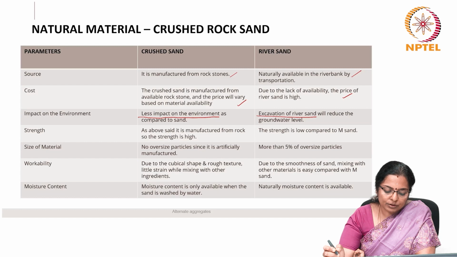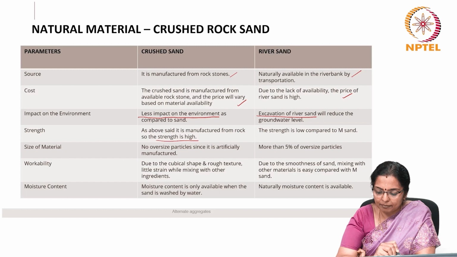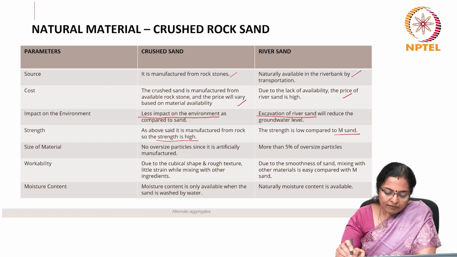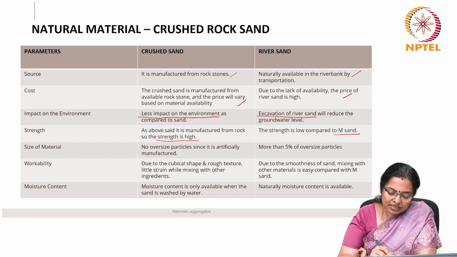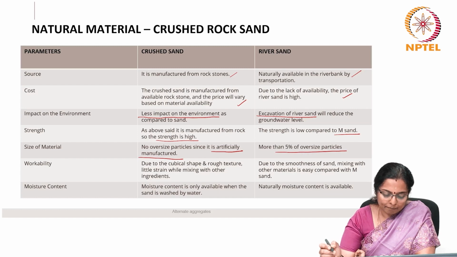When it comes to strength, as said above, it is manufactured from rock, so the strength is high, whereas the strength is low compared to M sand. When we look at size of materials, no oversized particles are available since it is artificially manufactured, whereas one needs to sort and remove the oversized particles.